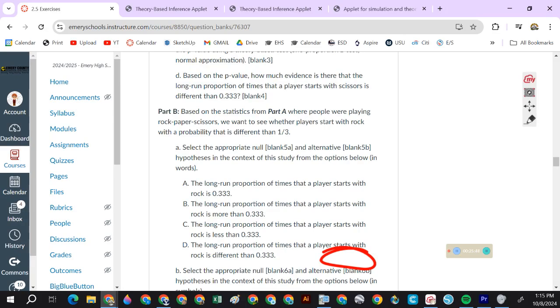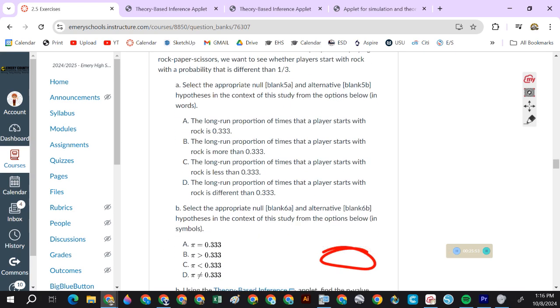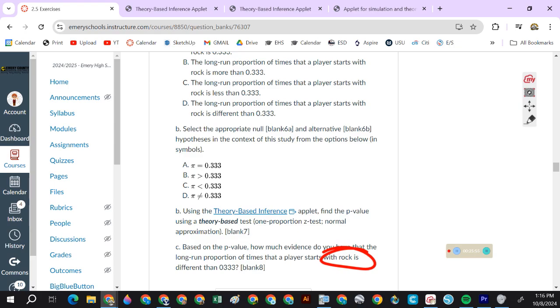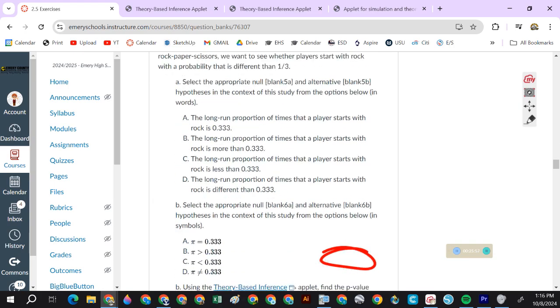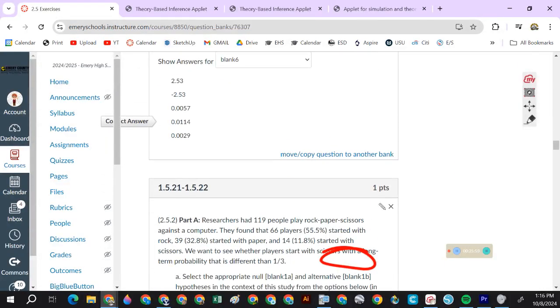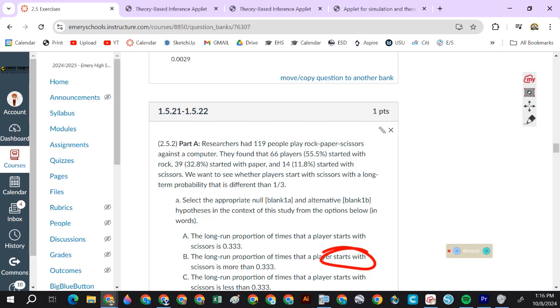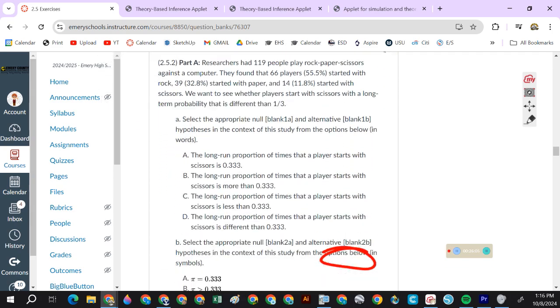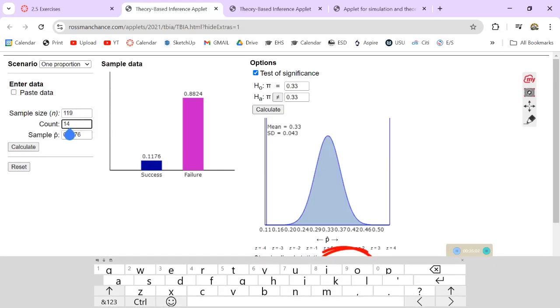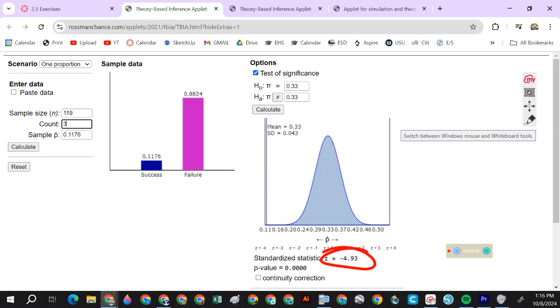Different than 1/3. So again, this is going to be A and D. And how many rocks did we have? It's the same calculation, but we have 39 rocks. So we change the count to 39, and we calculate.